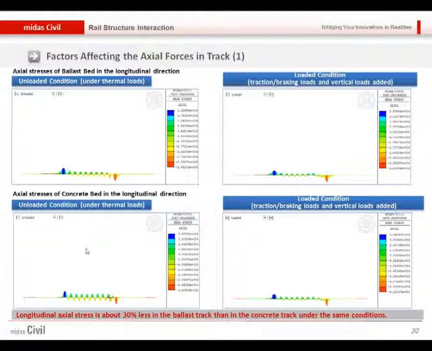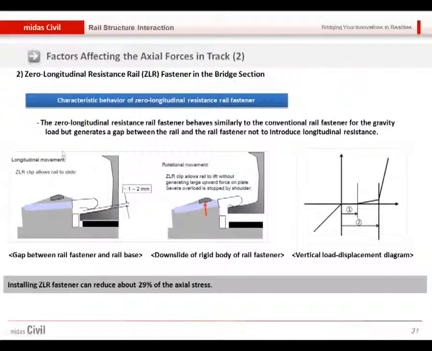I mean 30% less in the ballast track, which is the above one. So depending on the condition of our bridge, we can go for the ballast bed or we can go for the concrete bed. And zero longitudinal resistance fastener is the other factor.